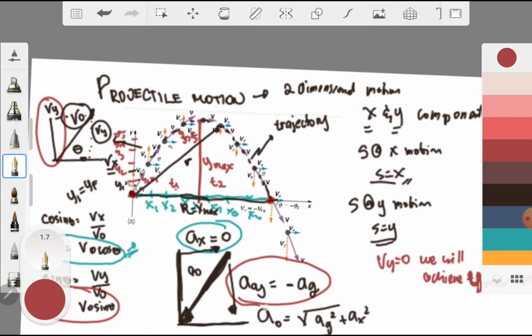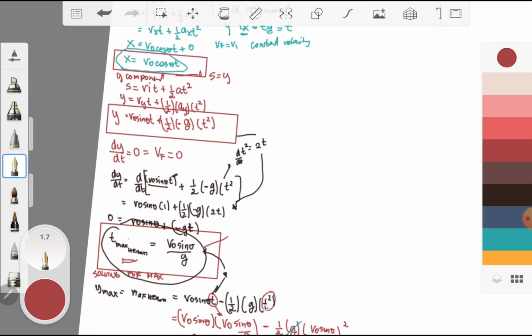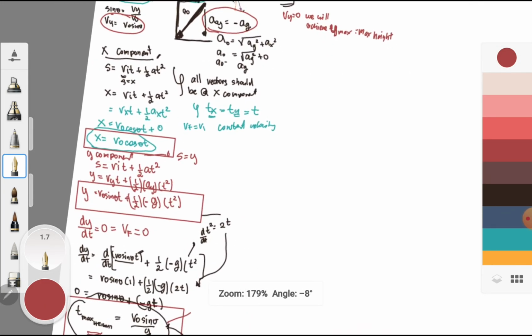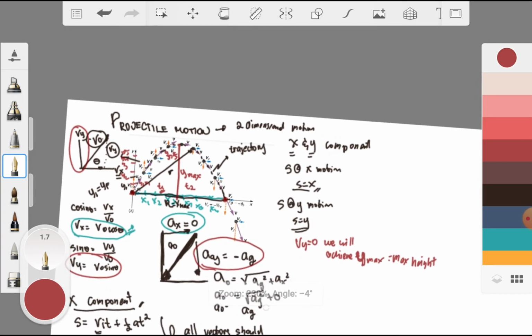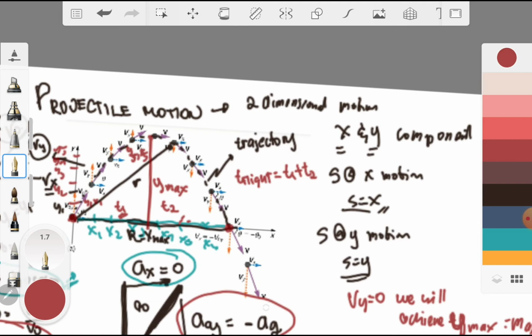Your T1 is your T-max height. Okay? And then since this is a symmetrical motion, our total time of flight, T flight, is equal to T1 plus T2. But since this is symmetrical, like our vertical motion, T1 is equal to T2.